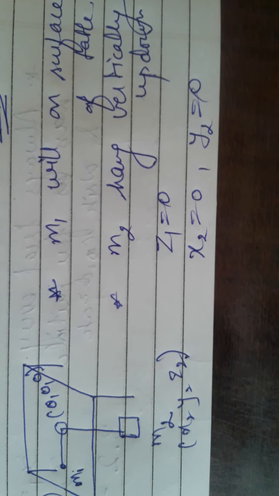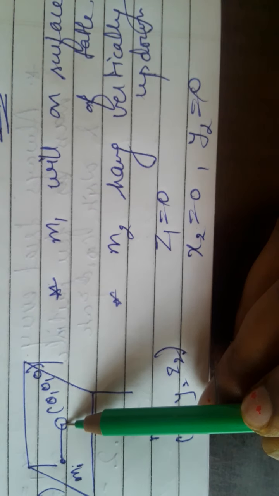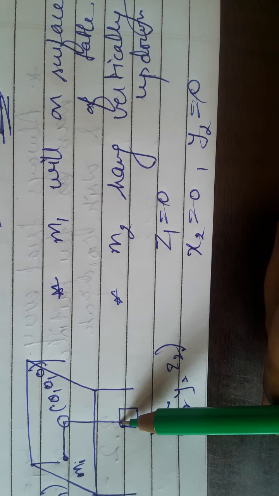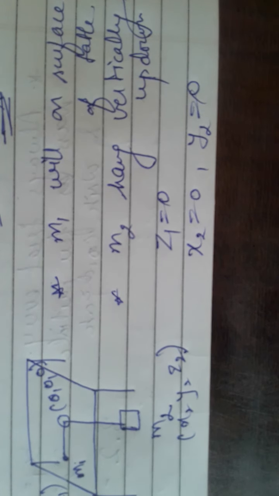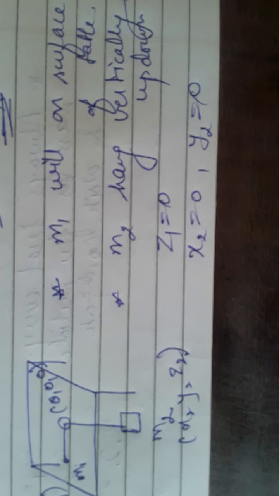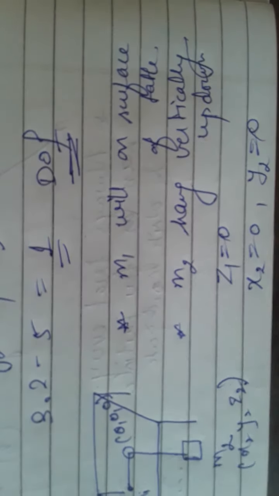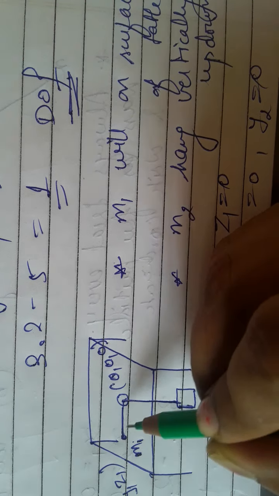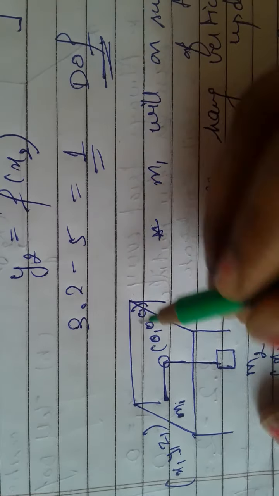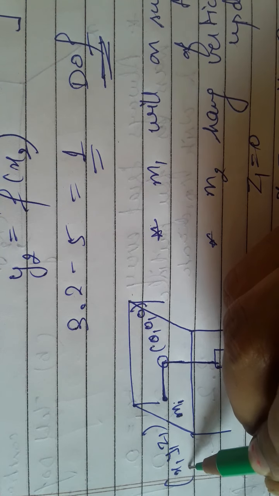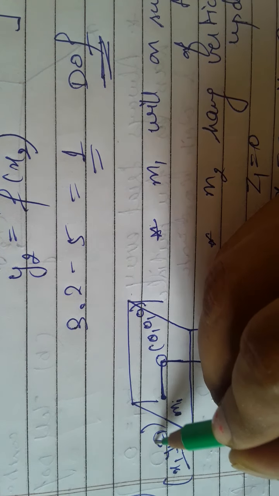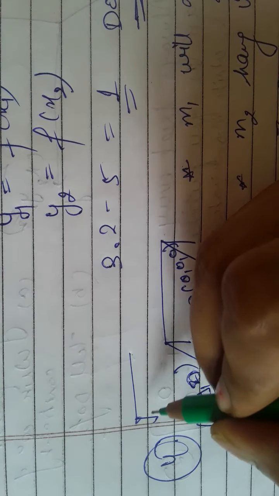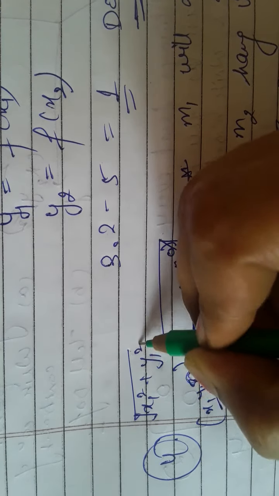Okay. And they are connected through a massless string of any finite length. So that means their length is fixed. So by the distance formula, you can write that this plus this will always remain the same. From the origin, the coordinates here will be x1, y1 and this will be 0. So applying the distance formula, I am writing here square root of x1 square plus y1 square.